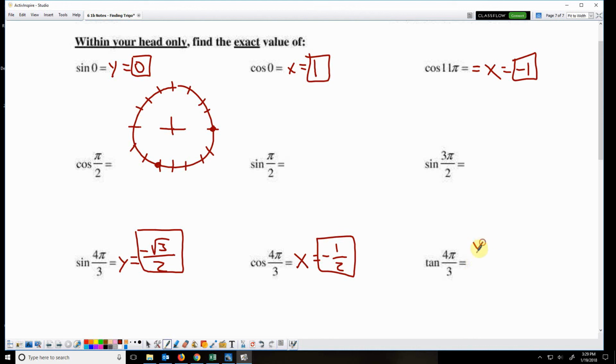Okay, tangent, y over x. Same spot, 6 over 6, 7 over 6, 8 over 6. We're in three positions down, so that y value is negative root 3 over 2. The x value, we are in the first position to the left.